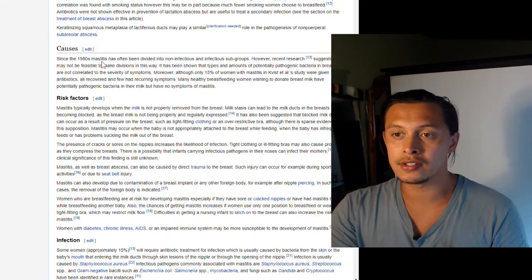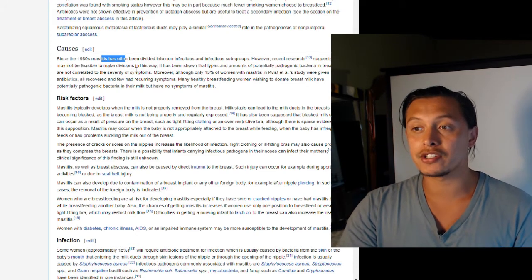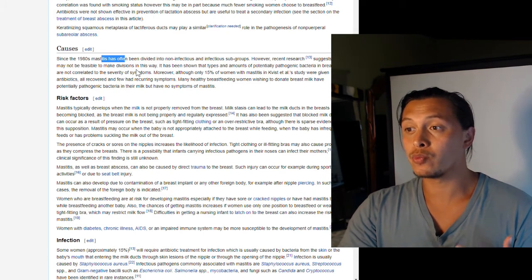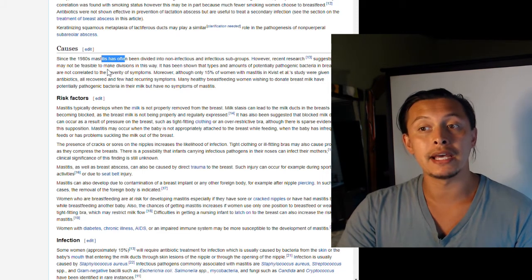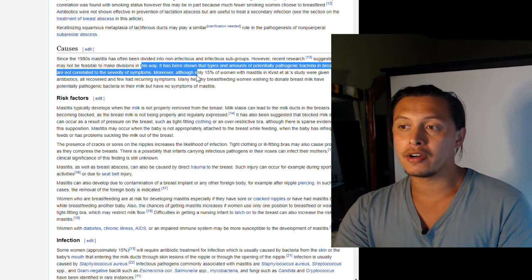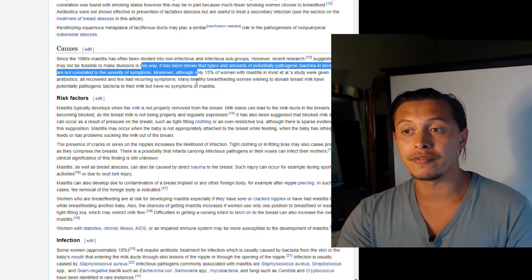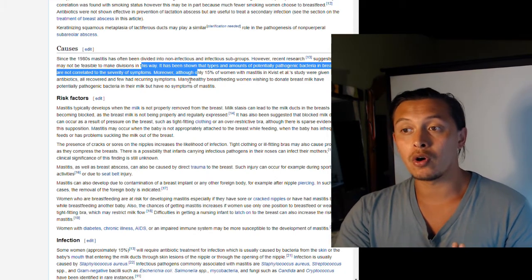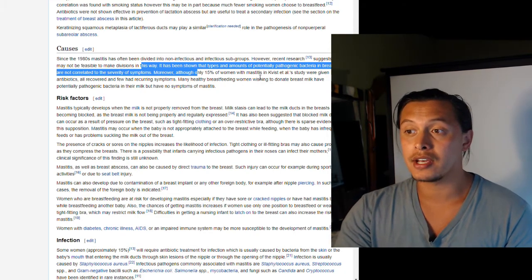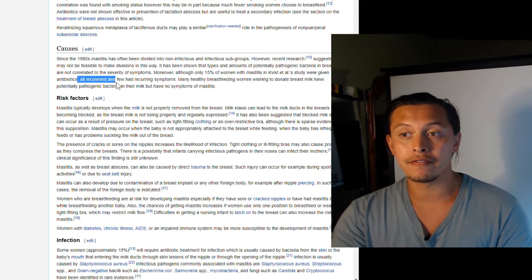Since the 1980s, mastitis has often been divided into non-infectious and infectious subgroups. However, recent research suggests that it may not be feasible to make divisions in this particular way. It's been shown that the types and amounts of the potentially pathogenic bacteria in breast milk are not correlated to severity of symptoms. And moreover, although only 15% of women with mastitis in this study were given antibiotics, all recovered and few had recurring symptoms.